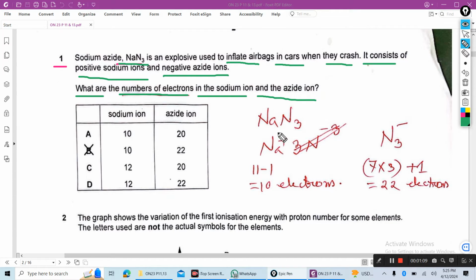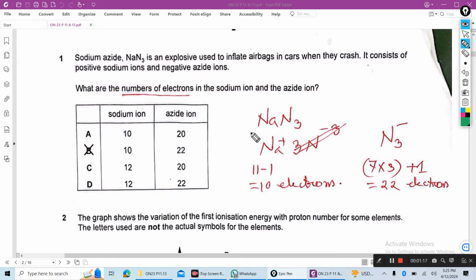So this is the formula, sodium azide, NaN3. This is the chemical formula of sodium azide. If you ionize, sodium is Na+ and the azide ion is N3-.